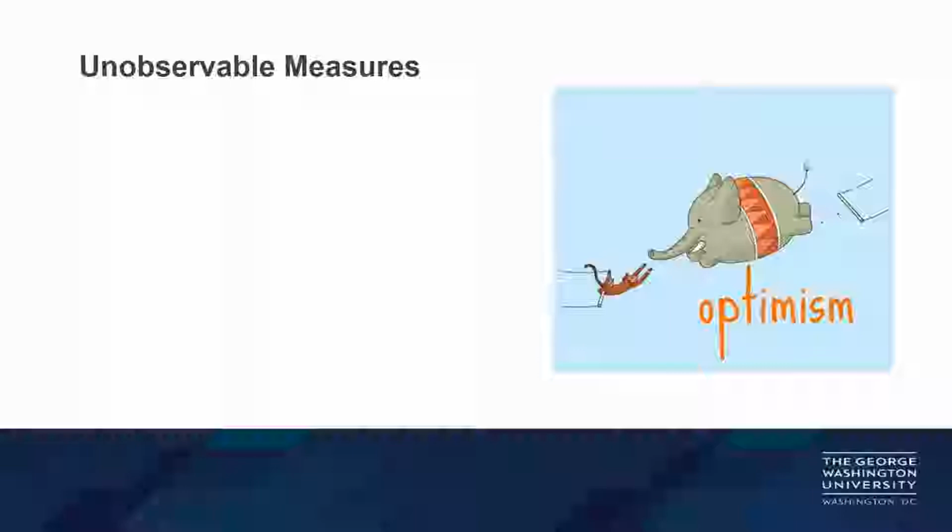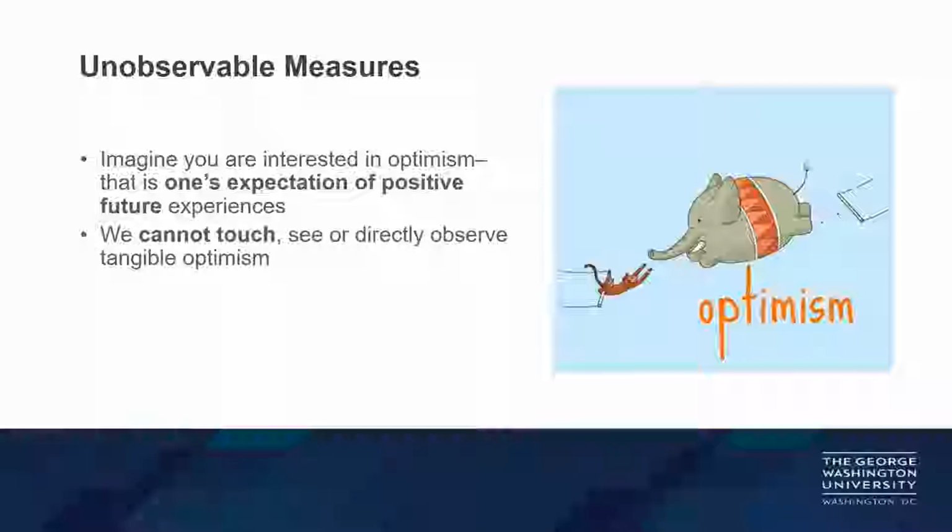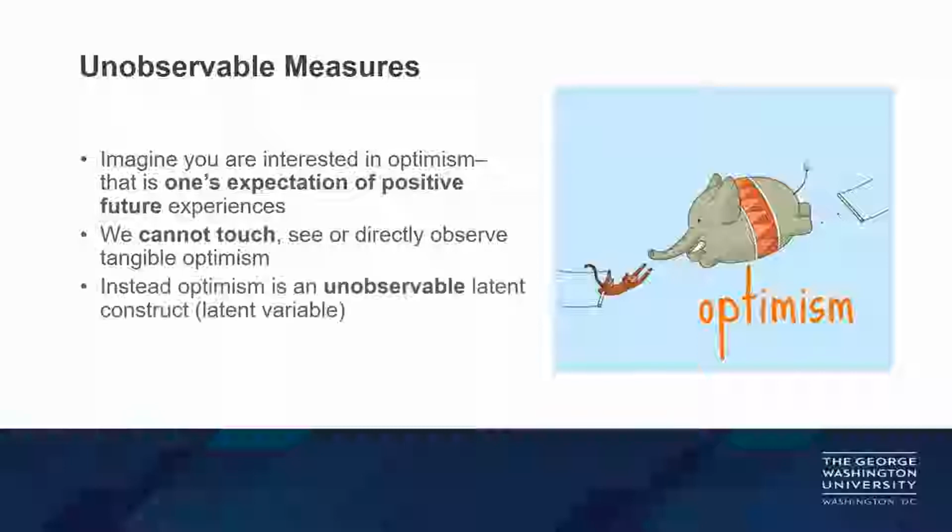When I discuss unobservable measures, if you're not familiar with factors or constructs, we could use the example of optimism. One might think of defining optimism as one's expectation of a positive future experience. But we don't ever touch, see, or feel any tangible optimism.